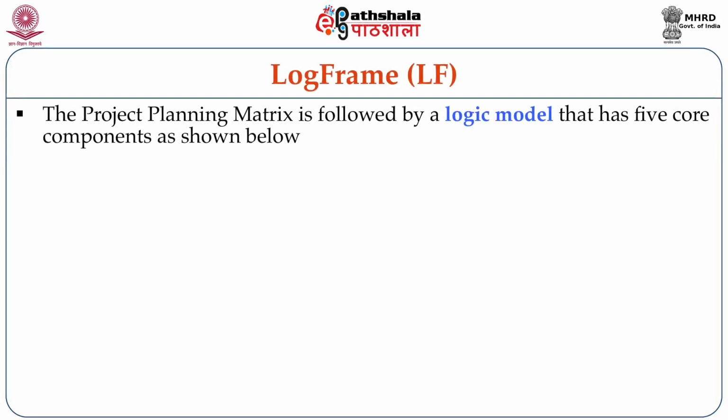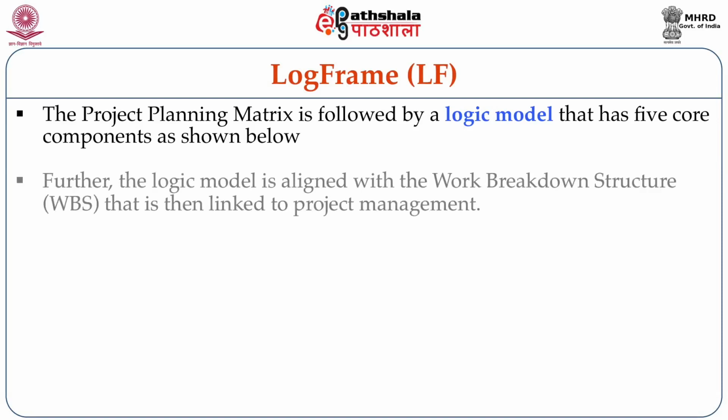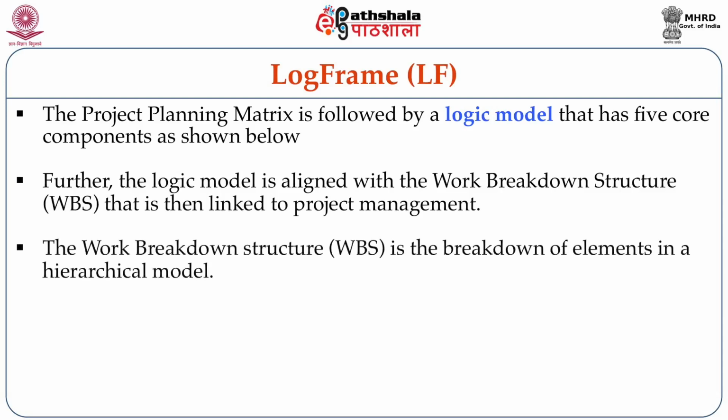What are the 5 core components? Impact, outcome, output, activities and inputs. Further, the logic model is aligned with the work breakdown structure, which is then linked to project management. The work breakdown structure is the breakdown of the elements in a hierarchical model.